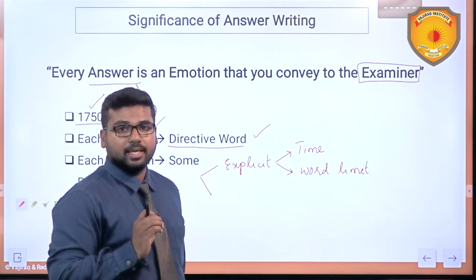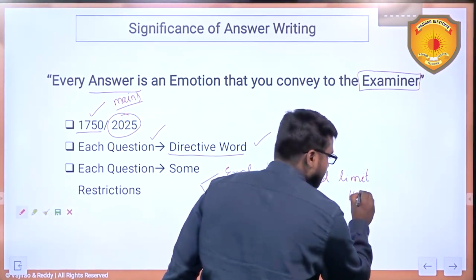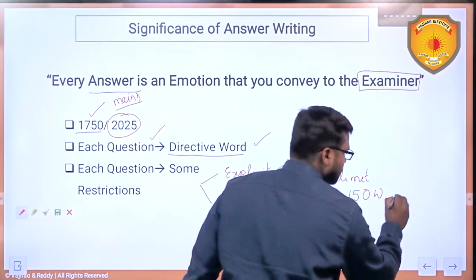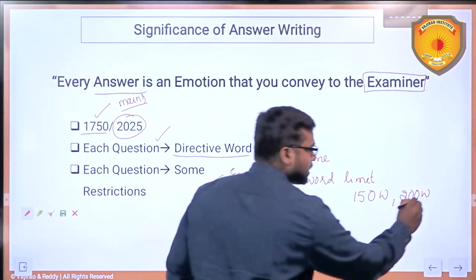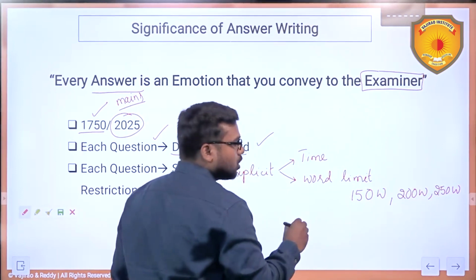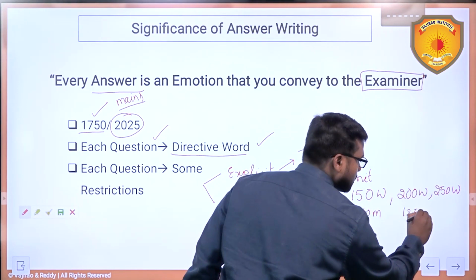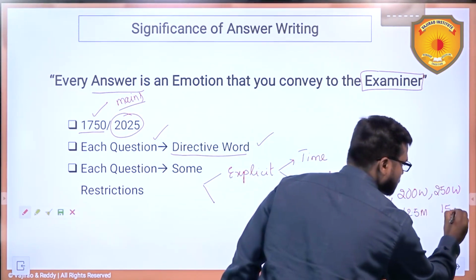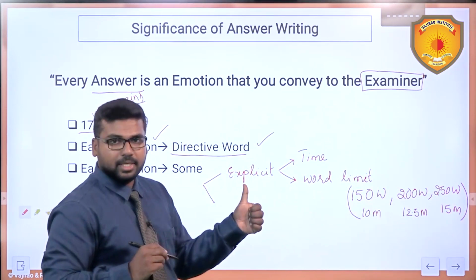In UPSC mains, the questions that have been asked so far are 150 words, 200 words. Earlier there used to be 200 words questions as well, then 250 words questions, and the marks allotted for them were 10 markers, 12.5 marks. These types of questions they are not asking now, and 15 marks questions. So now there is a word limit.